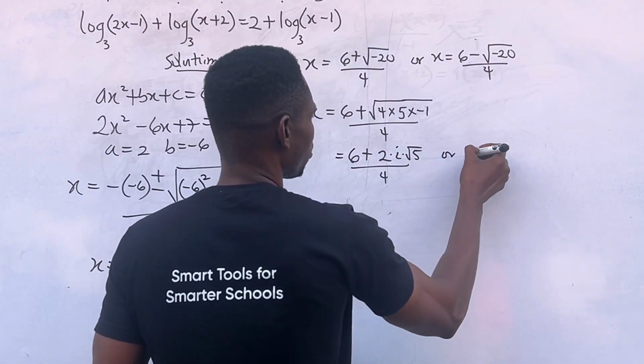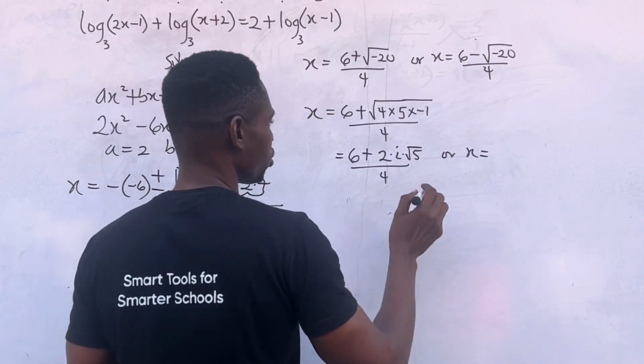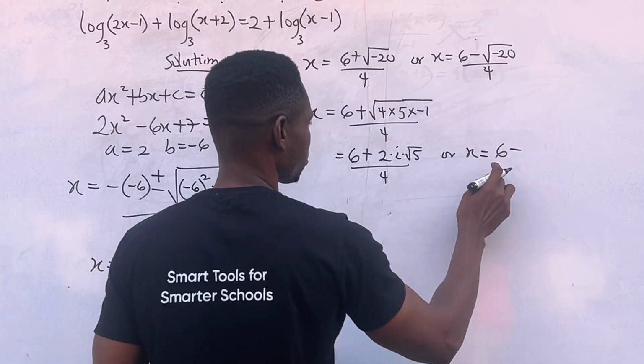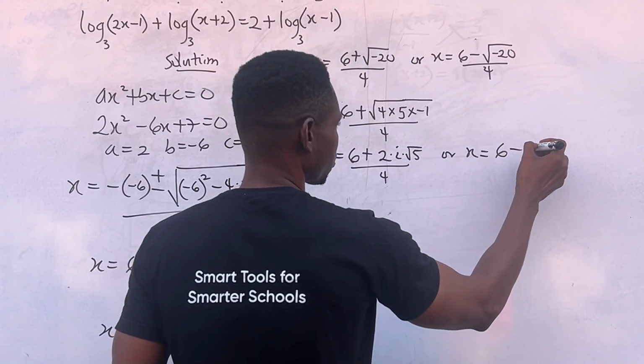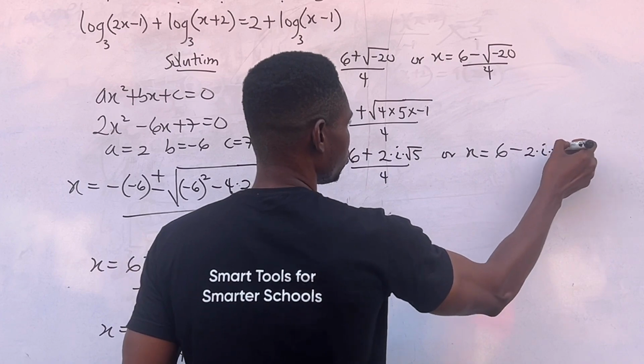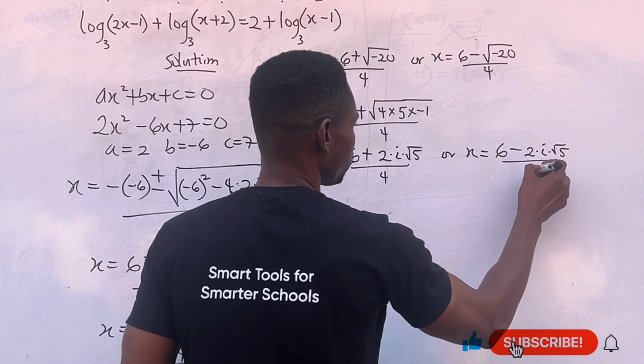Now x on the other hand will also give us 6 minus 2 i root 5 over 4.